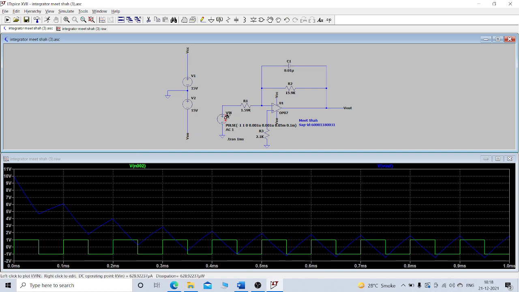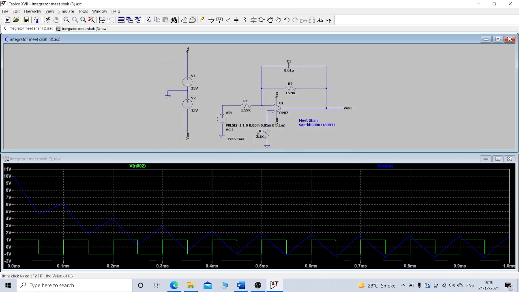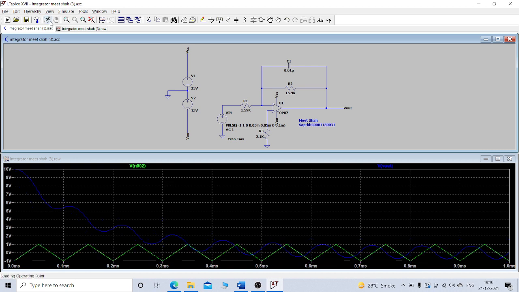Now when we have triangular wave as our input, here we can see that when we have a triangular wave as our input, we are getting a sinusoidal wave as our output.